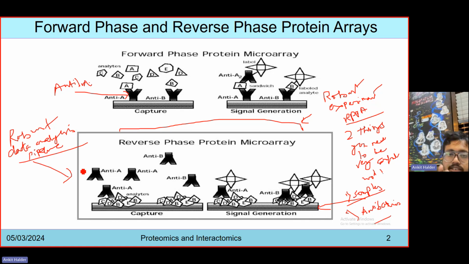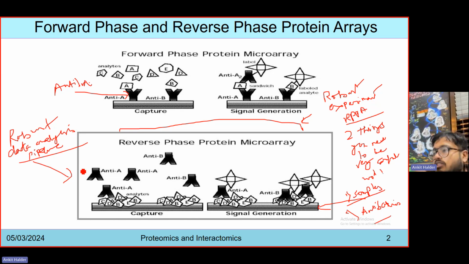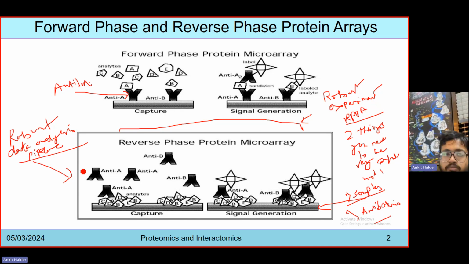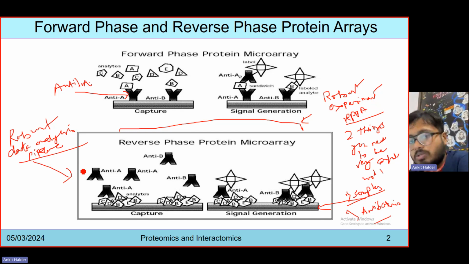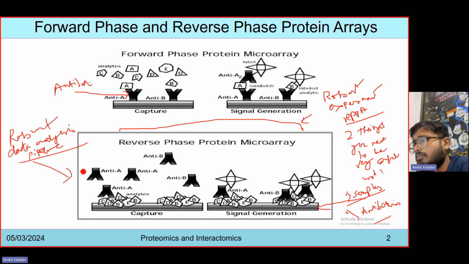So one thing is the sample preparation and cleaning up of the samples for you to print on these chips. Then the antibodies should be of good, high quality, able to detect specific proteins, not non-specific proteins or non-specific signals. Third, after the signals have been captured, we should have a robust data analysis pipeline.